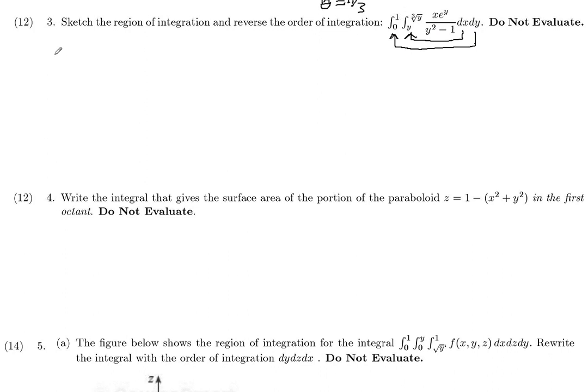So that's going to give us a region in the xy plane here. I'll go ahead and set up our axes. So there's x and y. We're starting down here, x equals y, up to x equals cube root of y.